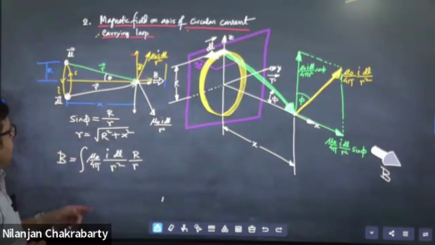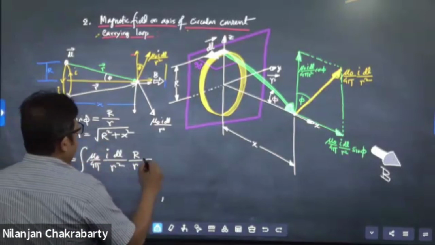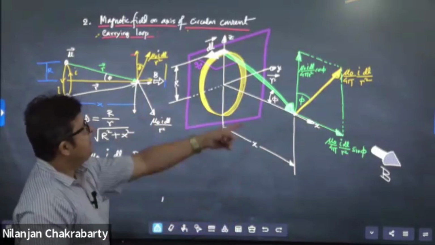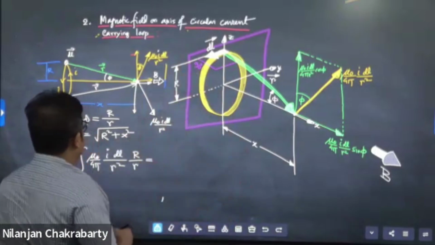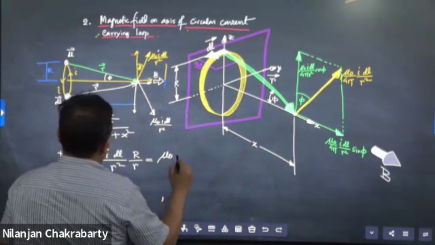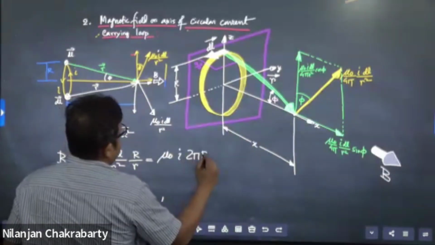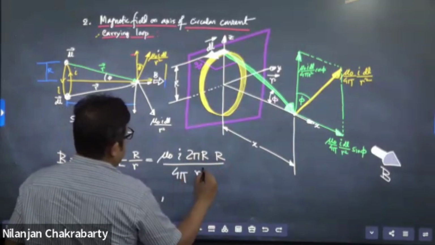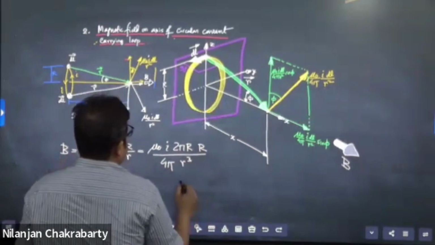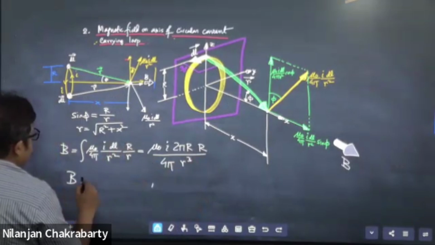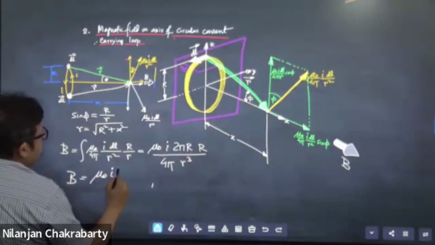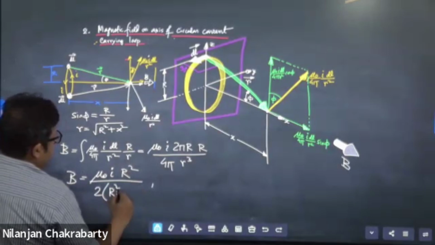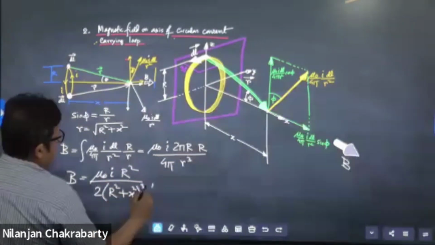Therefore only dl will add up, again that closed integral, giving 2 pi capital R. So it becomes mu 0 I 2 pi R into R divided by 4 pi r cube, so B is equal to mu 0 I R square divided by 2 into R square plus x square to the power 3 by 2.